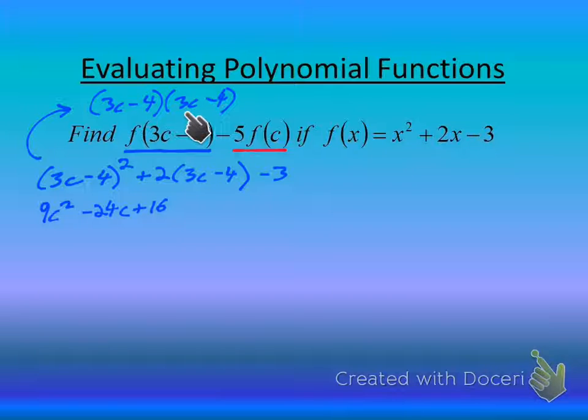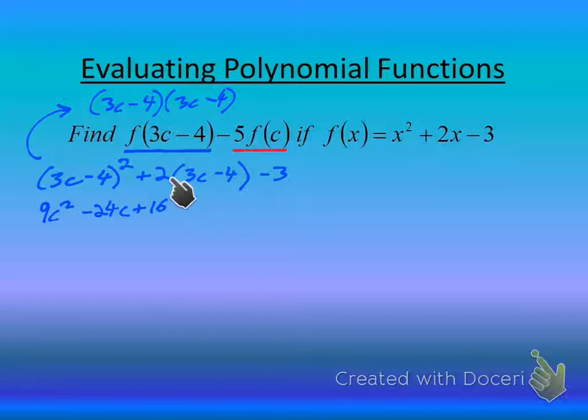Negative 4 times 3c, negative 12c. Negative 12 minus 12, negative 24. Negative 4 times negative 4, positive 16. If you can save yourself that step of having to write that out in full, you save yourself time. You're not rushing as much. Just be careful with that, all right?